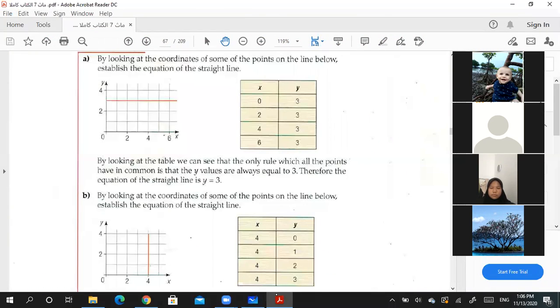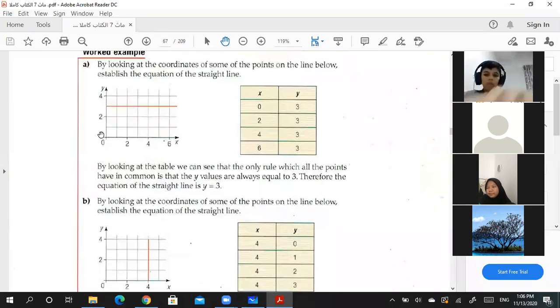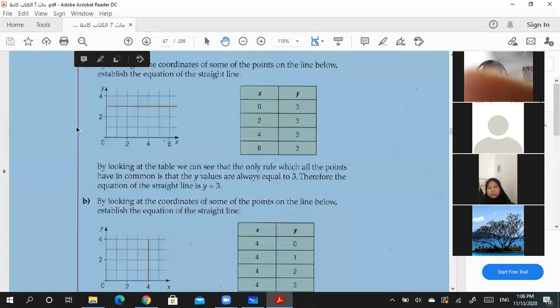Then, if you have vertical and horizontal lines, how can you represent those lines? You can see here we have one value on y, which is 3, right?